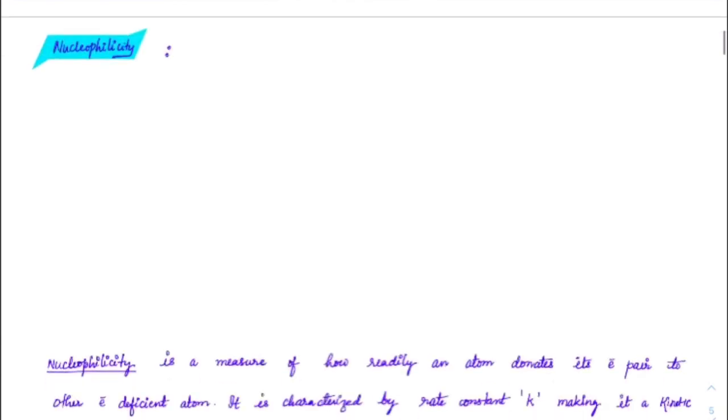Going further into details, what we need to see here is the definition of nucleophilicity. We have studied two points here. First, what is a nucleophile? Then, what is the type of solvents we'll be using? Then what exactly is nucleophilicity?